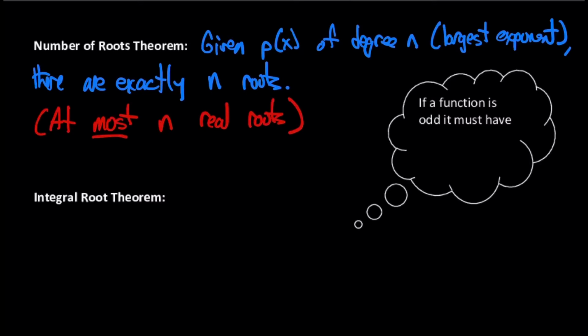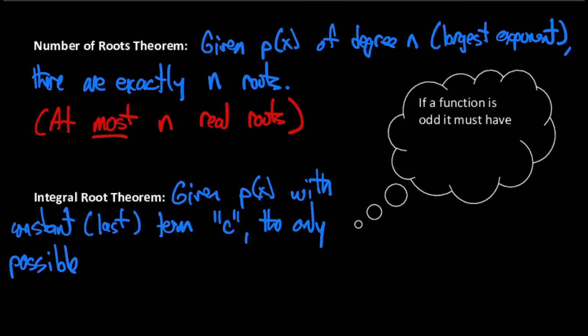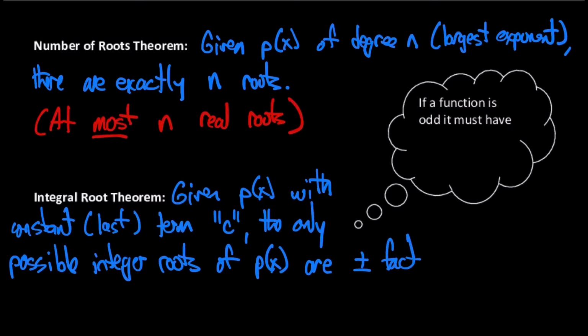The integral root theorem. So what this says is, given p of x with constant, which if it's in standard order, it's just the last term, term c, the only possible integer roots of p of x are plus or minus factors of c.